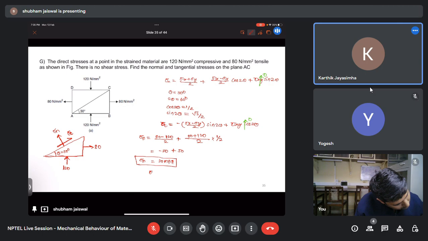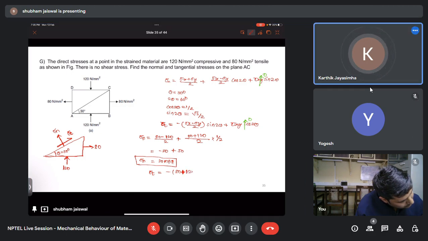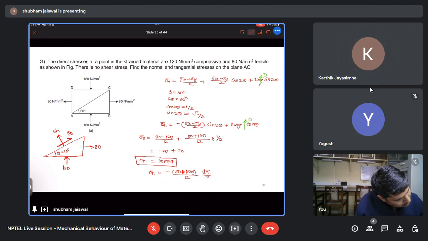Now sigma t is equal to minus (sigma x minus sigma y) by 2, which is 80 minus 120 by 2, times root 3 by 2. So sigma t comes out to be 80 plus 120 is 200, by 100, that is 150 minus 50 root 3. So sigma t comes out to be how much is it?